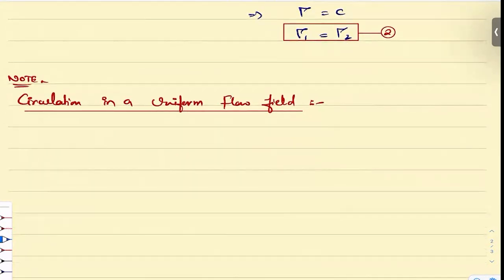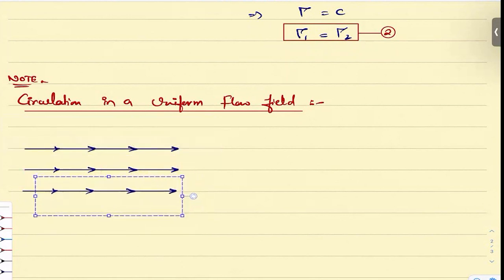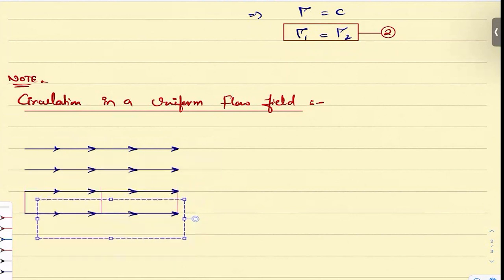Okay, now you consider a flow like this. Consider a uniform flow parallel to the x-axis. Do it, everybody. Draw this thing. Try to make it fast.